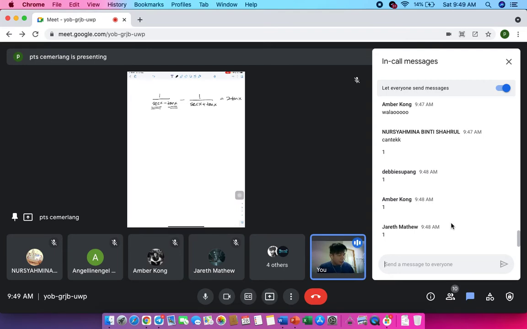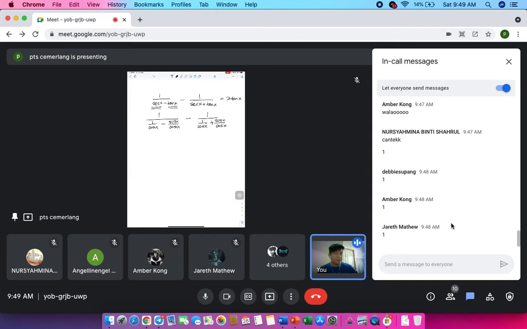Alright, probably you can do this. You akan jadikan dia sebagai 1 over cos x and then minus sin x over cos x. Alright, that's what you can do, right? Lepas tu minus lagi, bawah ni sama saja. 1 over cos x, tapi tambah dengan sin x over cos x. Okay?